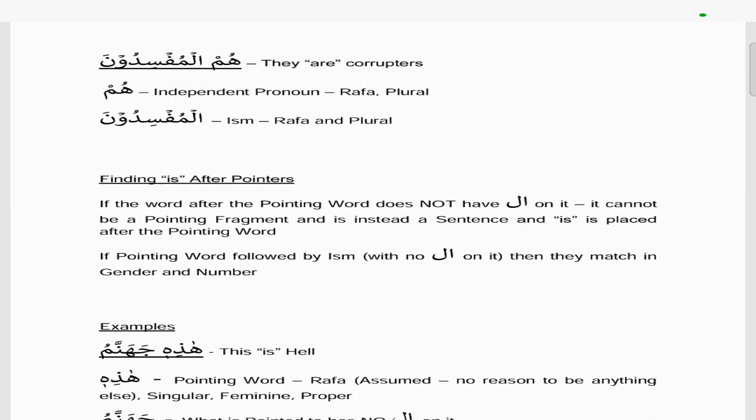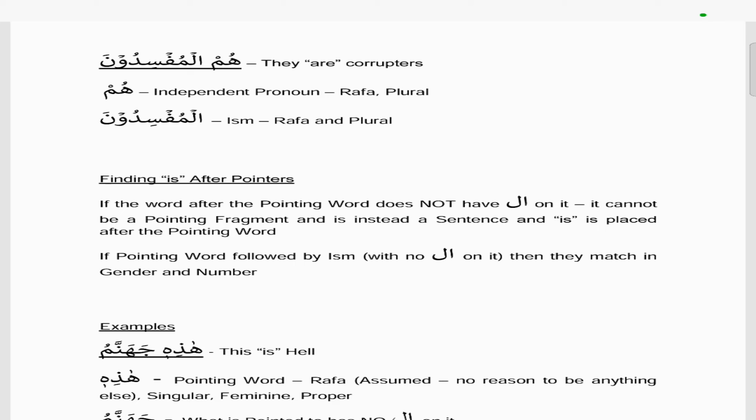And so here we have another example, hum al-mufsiduna, so they are corruptors. So hum is an independent pronoun, it's rafa, it's plural, and it's masculine as well. And then al-mufsiduna, which is the ism, and again it's rafa because of the ending combination, the wa and the noon, and it's plural again because of the wa and the noon, and it's masculine as well, because we recognize that from the ending combination too.